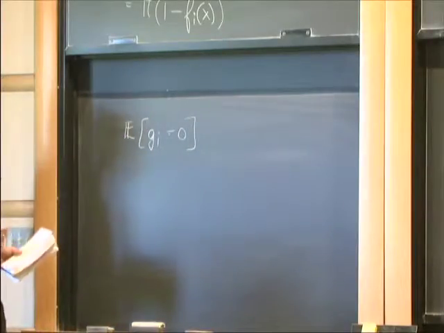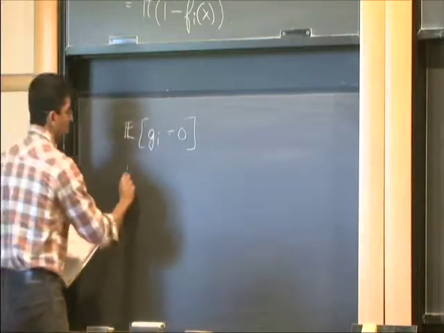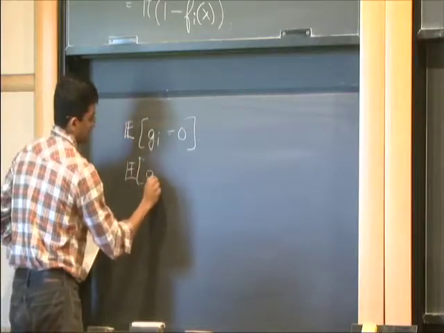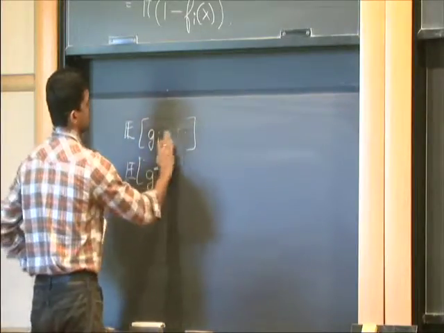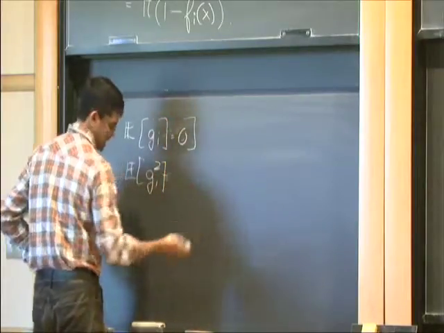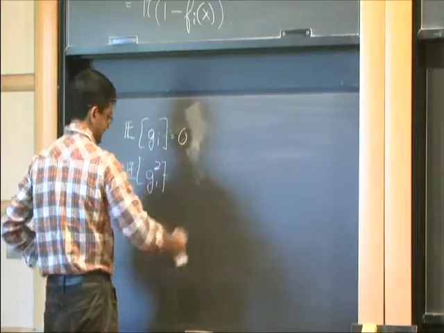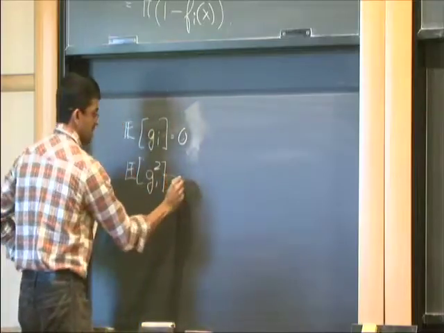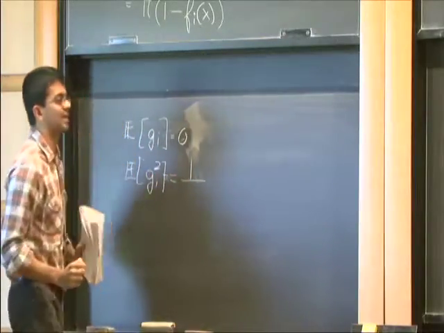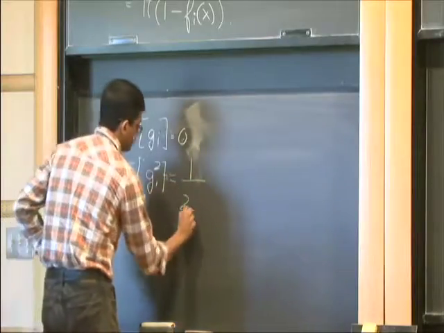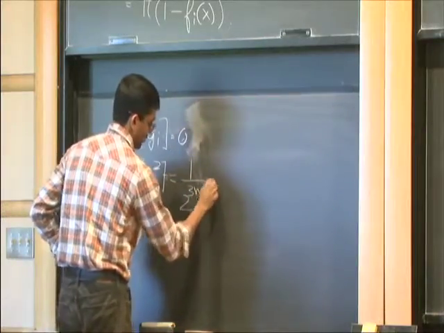We know that the expectation of gi is 0. What is the expectation of gi squared? We computed it out, it is something like 1 by 2 raised to 3w by 2.